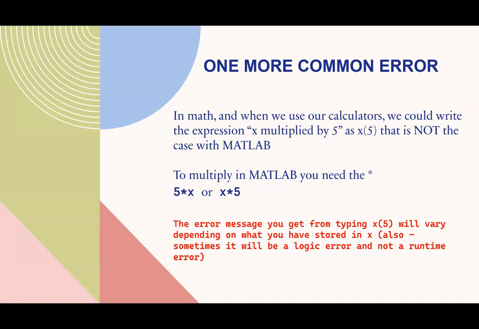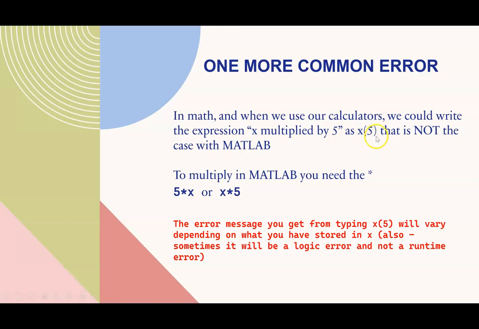To multiply with MATLAB, you always need the multiplication sign, which is the little star, shift 8. So to do x times 5, it would be 5 times x, or x times 5. You need that star.